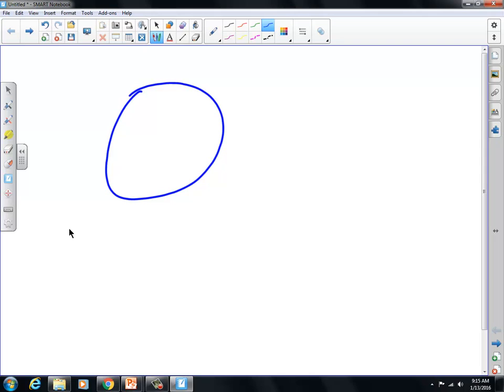Alright, so let's just pretend this is a cell. So if we're saying that a cardiac cell is in its resting potential, you're going to tell me what is on the inside.